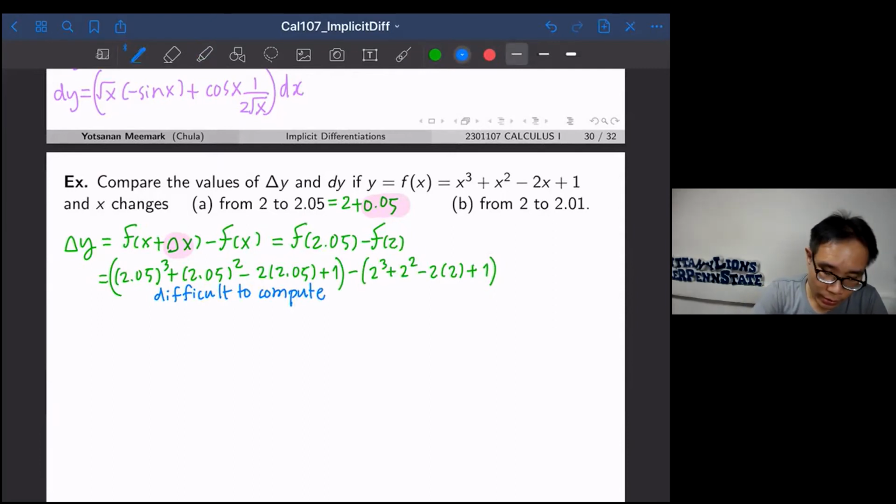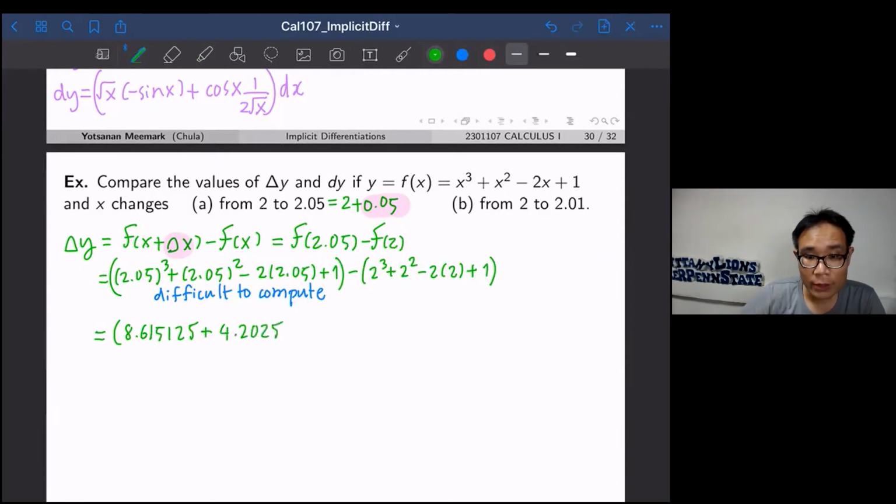So if you compute this, let's use a phone. This one is going to be 8.615125 plus 4.2025 minus 4.1 plus 1, and the next one will be 8 plus 4 minus 4 plus 1.